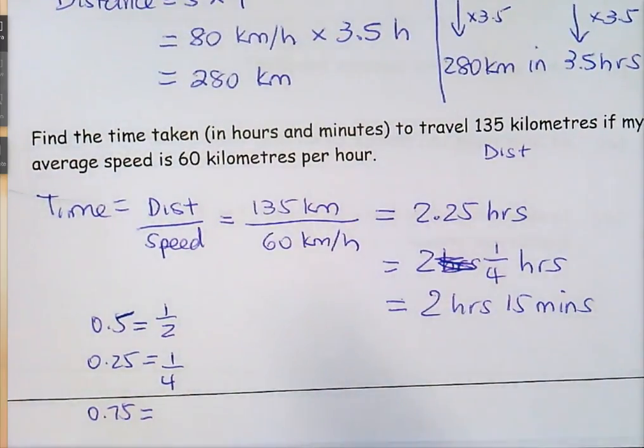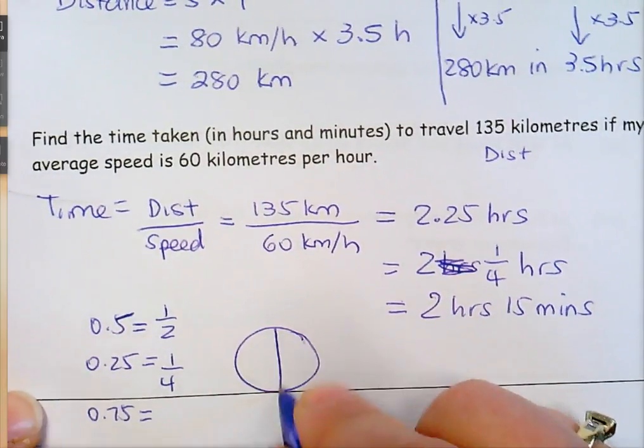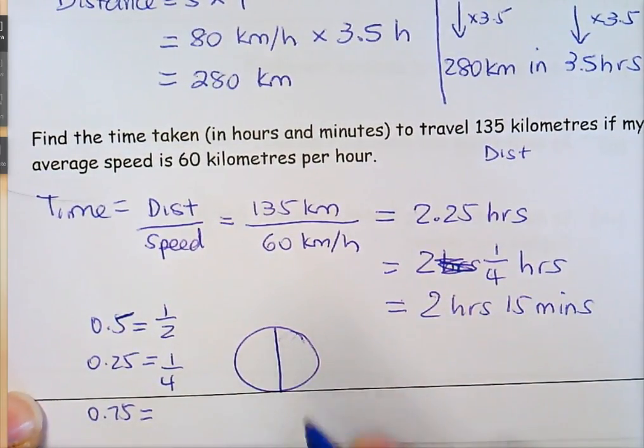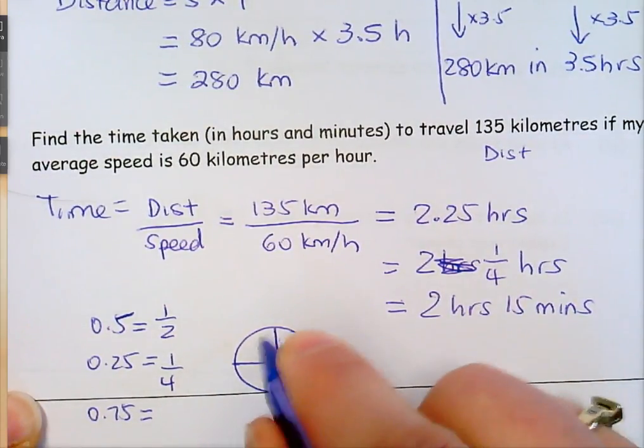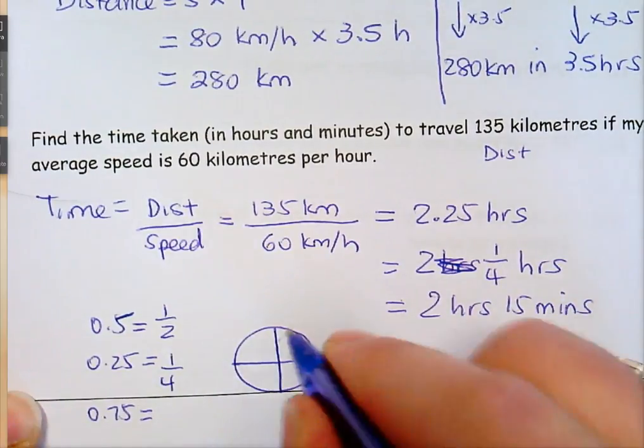Girls, count up to $1 in 25-cent lots. 25, 50, 75, 100. I'll draw a circle. What percent is half the circle? 50. Good. What about a quarter? If half the circle's 50, what's half of 50? 25.